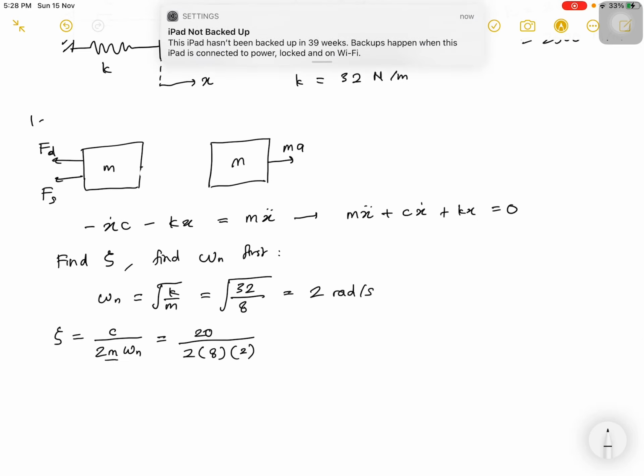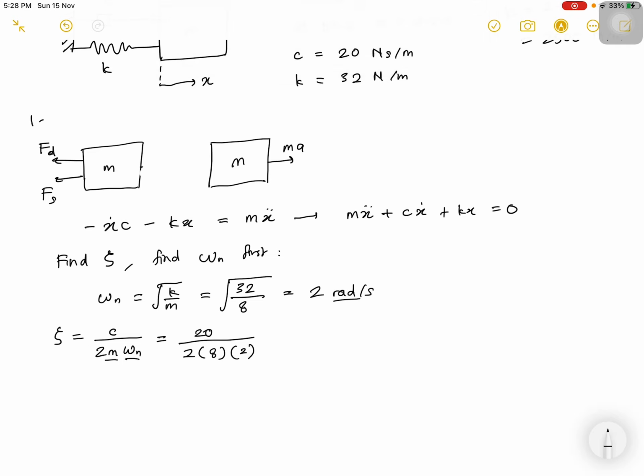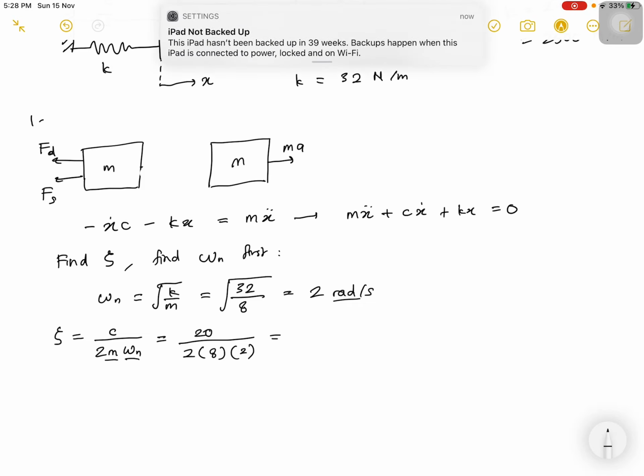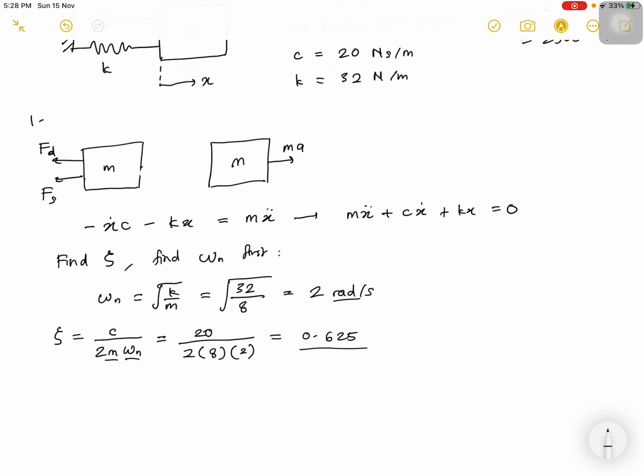We have m, we know m is 8 kilogram, omega n, natural frequency, is equal to 2. Remember, we are using radian, not degree. So if anything is in degree, you need to change it into radian. So this one is equal to 0.625. This has no unit, so we can leave it like that.